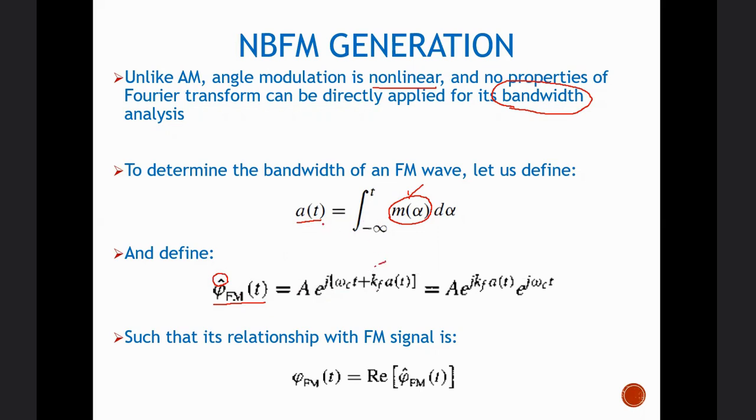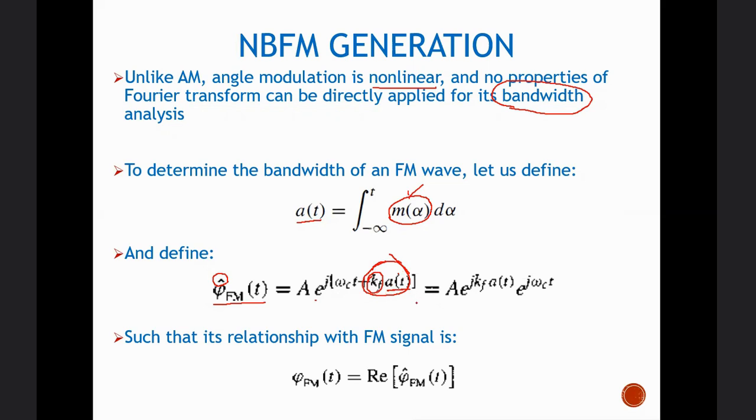So this a(t) is substituted here. k_f, as we know, is the constant that is applied to convert the voltage a(t) of the message signal into a phase, right? So you can see it appears in the phase of the exponential term. So k_f converts voltage into phase angle.